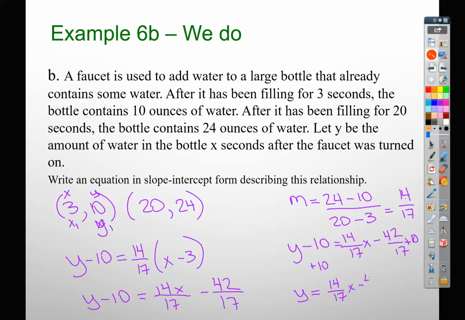So I'm going to say minus 42 over 17 plus 170 over 17. And when I do that, the equation that I get is y equals 14 over 17x plus 128 over 17. And that is your final answer.